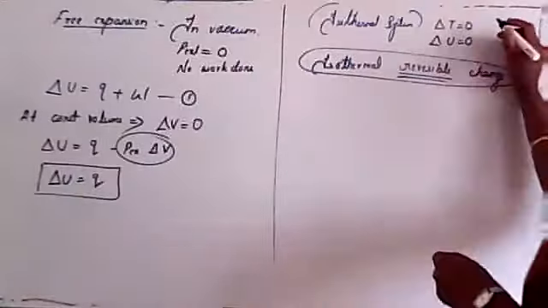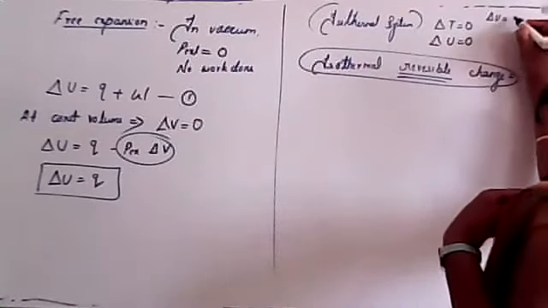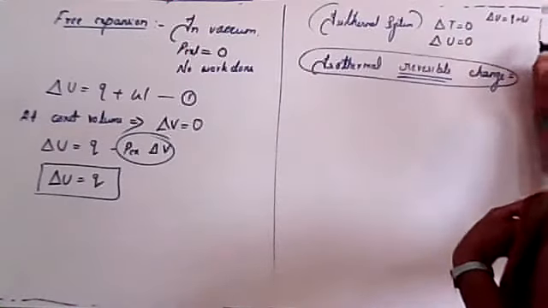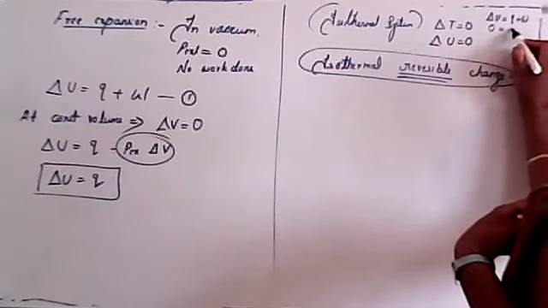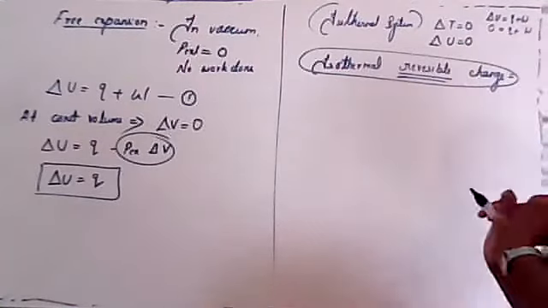In this case, if we consider delta U is equal to Q plus W, now delta U is equal to 0, so it will be Q plus W equals 0. Clear?